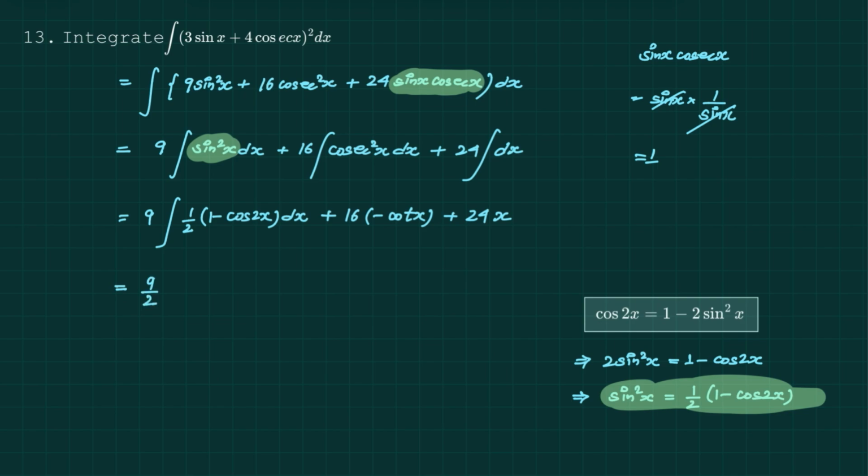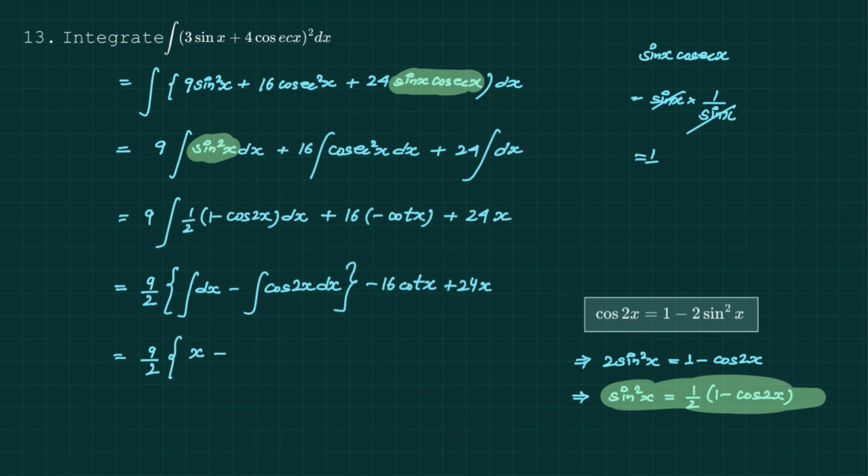So this equals 9 by 2. Let us separate the integration again, then we will have integration of 1 dx minus integration of cos 2x dx minus 16 cot x plus 24x. This equals 9 by 2, integration of dx is x, minus integration of cos 2x.